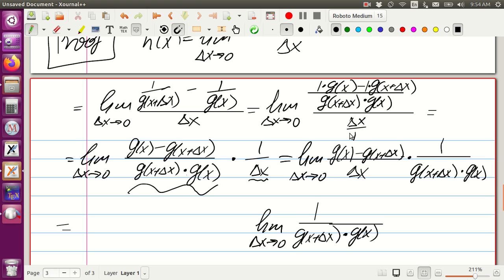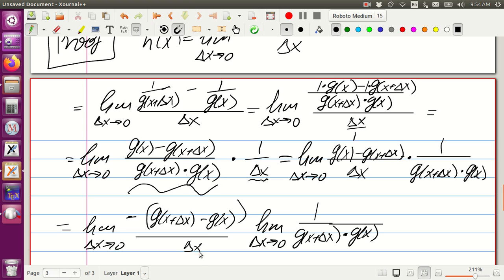We can factor minus 1. So I'm going to write it as limit delta x goes to 0. I'm going to factor minus 1 out, and in parentheses, I'm going to write g of x plus delta x minus g of x divided by delta x. And minus 1 here is just a constant.